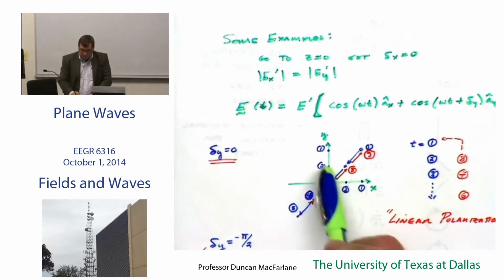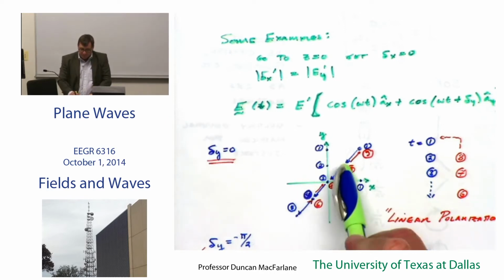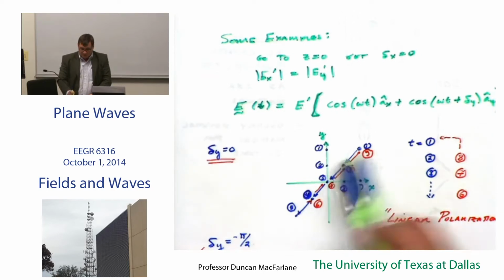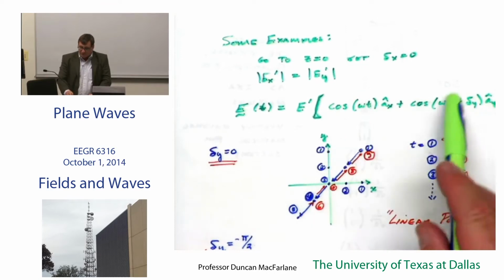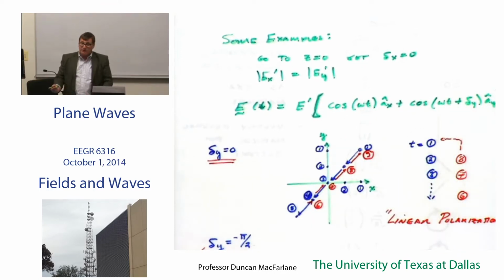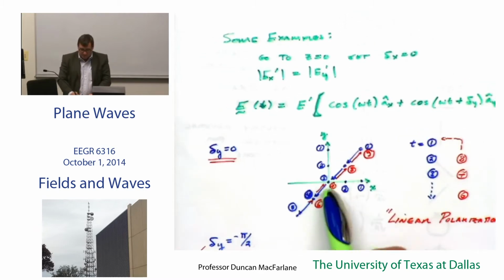That's my point number 2 here, and the resultant vector is there. If I continue clocking through in omega t, there'll be a time when they both go to 0, both cosines crossing through 0 at the same time. That's my point number 3 here.